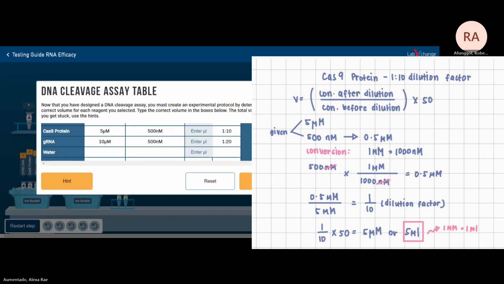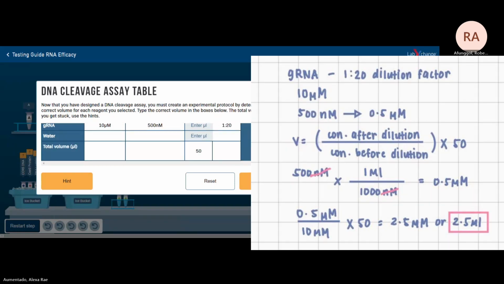So 1 micromolar is equals to 1 microliter, which we will use for the volume. So 1:10 times 50, the total volume, is equals to 5 micromolar or 5 microliter.